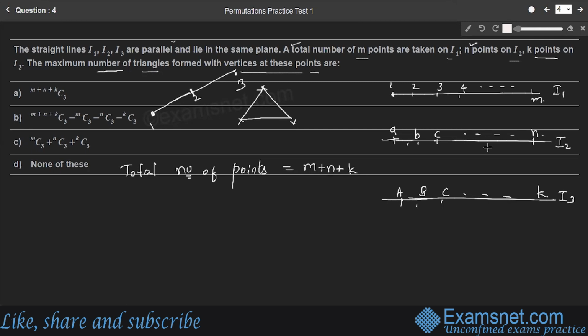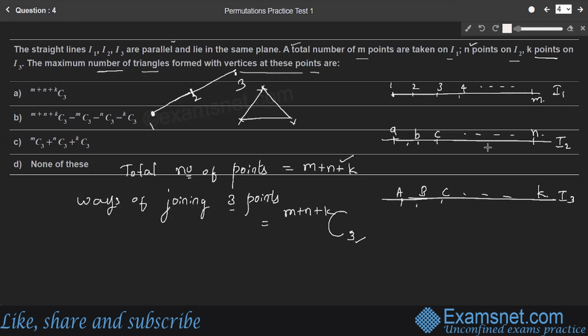The possible ways of joining 3 points is equal to m plus n plus k, total number of points, C3, because we are joining 3 points from the total number of points. So m plus n plus k C3 gives the ways of joining 3 points.